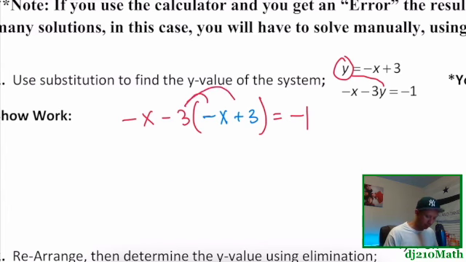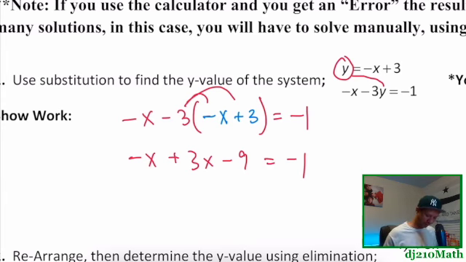Let's distribute. So negative x, negative and a negative is a positive 3x. Negative 3 times 3 is negative 9. Equals negative 1. Combining like terms, right?